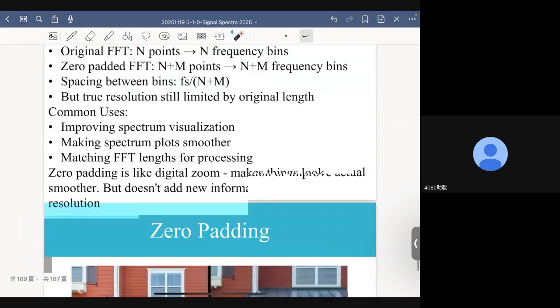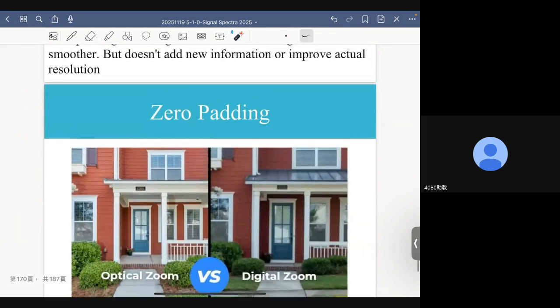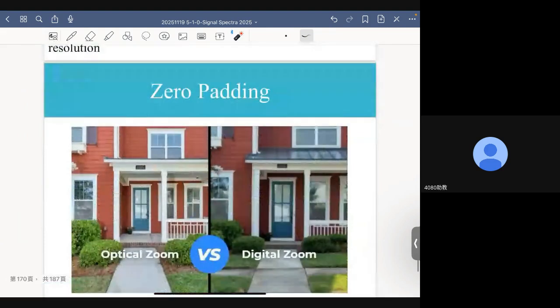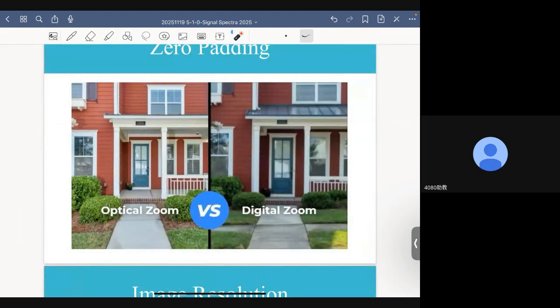So zero padding is like, let's say, when taking a picture with a camera and you want to magnify the image, there are 2 ways to do that. One is to use optical zoom. The other is to use digital zoom.